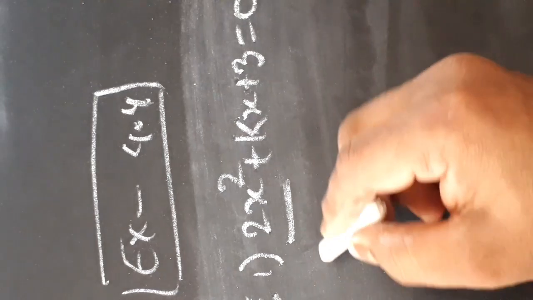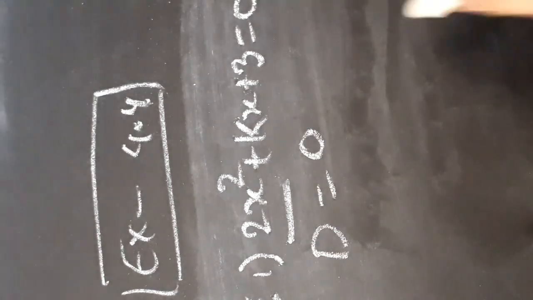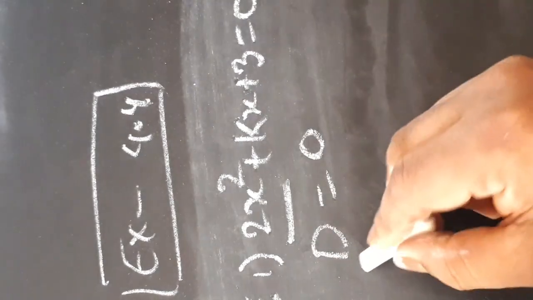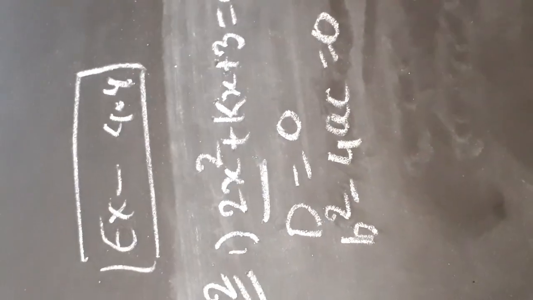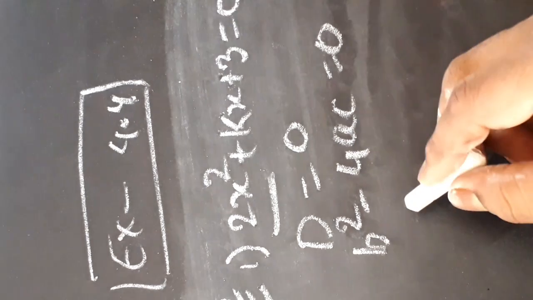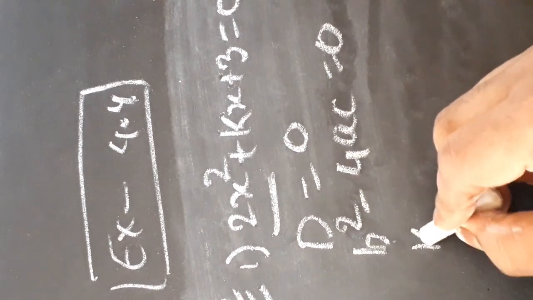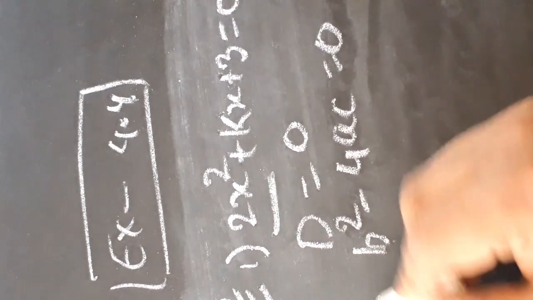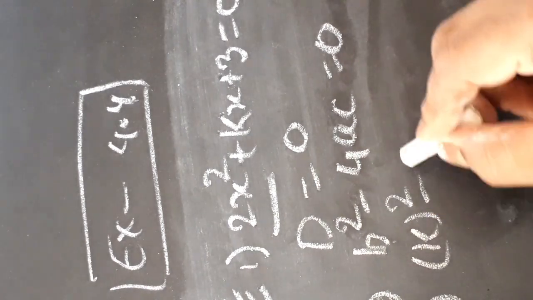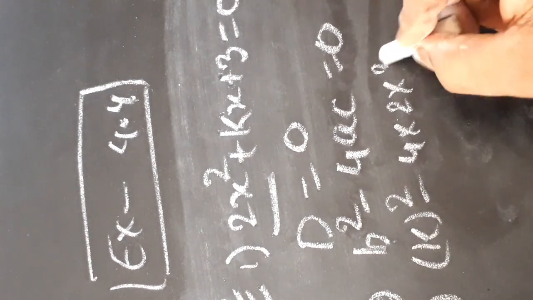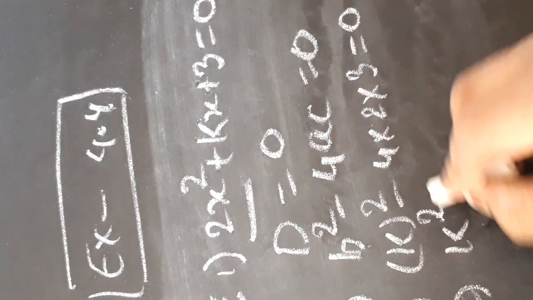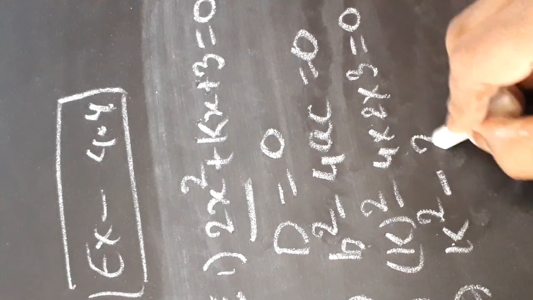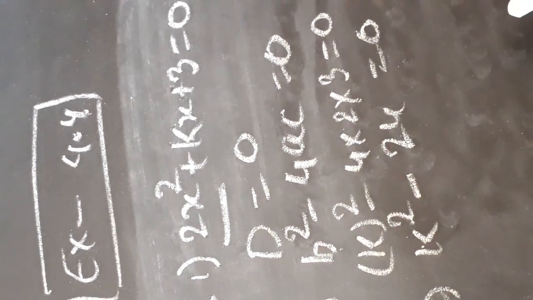Roots real and equal means D is equal to 0. D means b² − 4ac = 0. Now we put the respective values. In place of b we put k. Minus 4 into 2 into 3 is equal to 0. Means k² − 24 = 0.